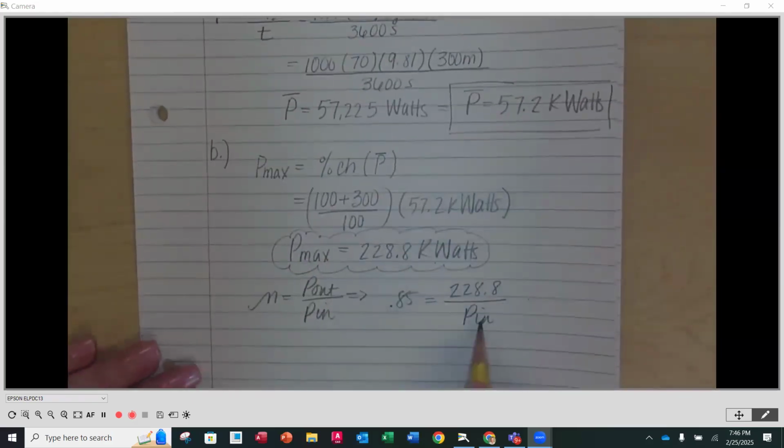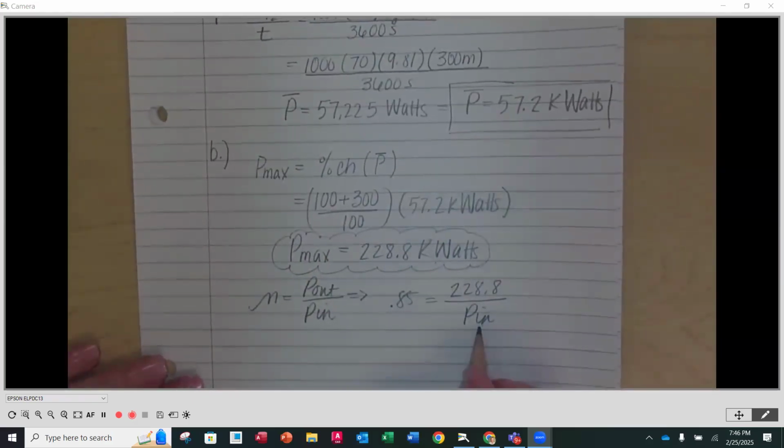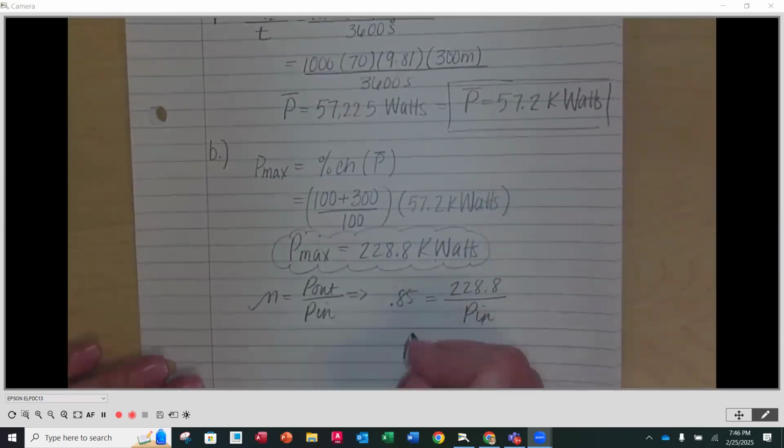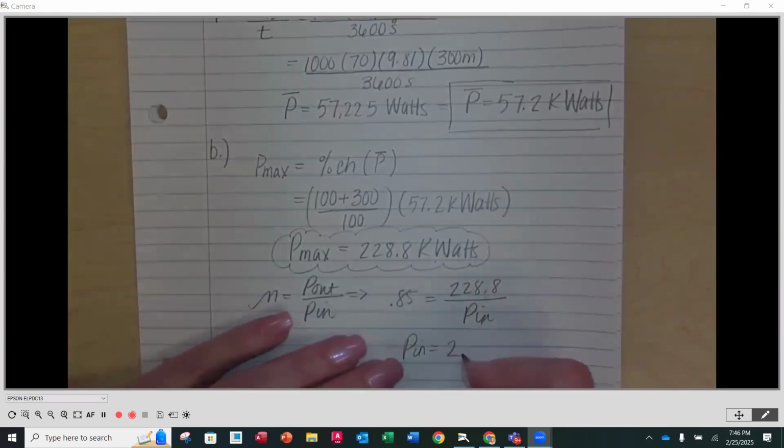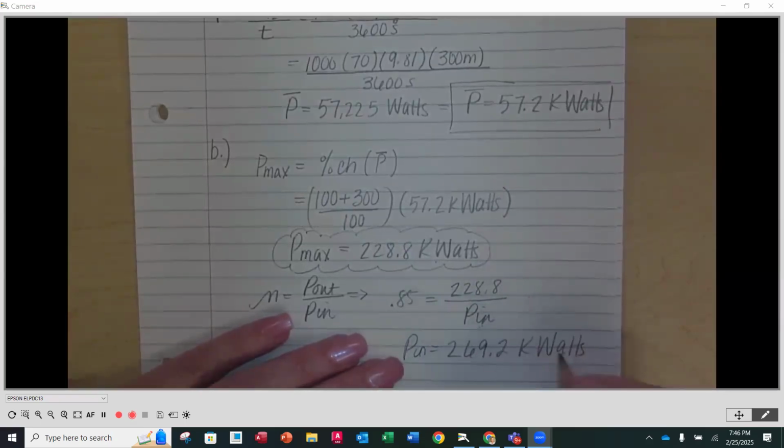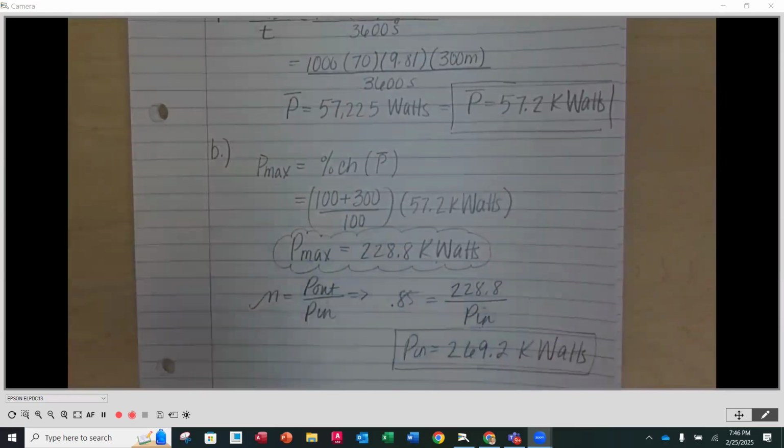So P in is what we're solving for. P in is equal to 228.8 divided by 0.85. So we're going to have to put in 269.2 kilowatts of power to achieve a 300% overload when we're expecting 85% efficiency on our motor.